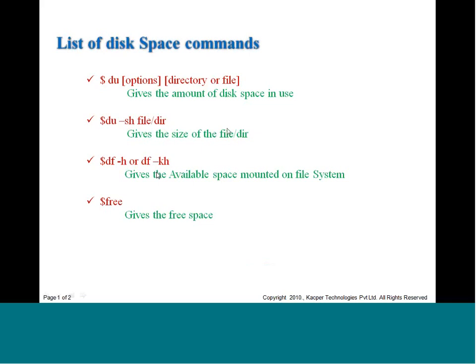Now we come to the third section, which is how do we control the disk space. One thing to note is that in Linux we said that basically everything is through the directories, and even disks can be mounted in various directories. So the various mount points are also given as directories.